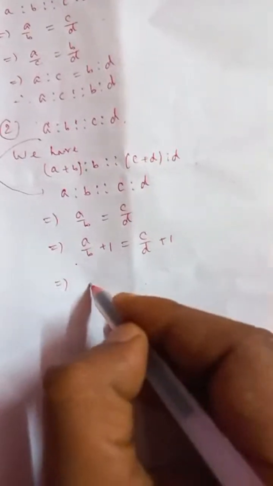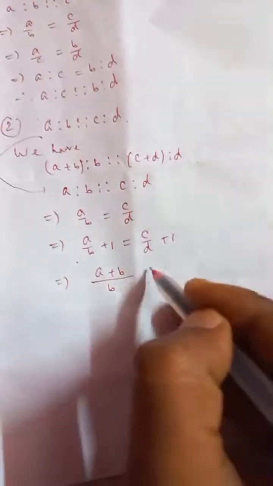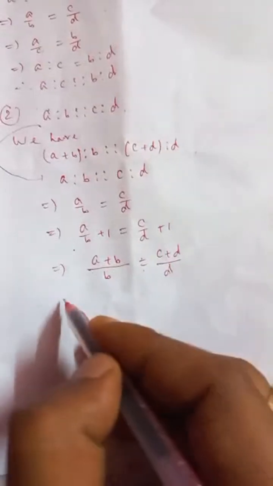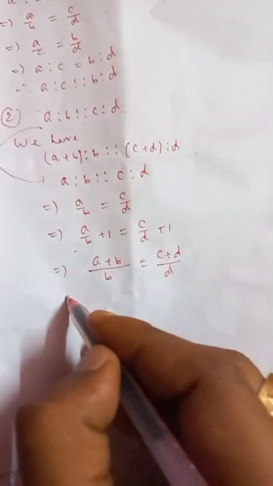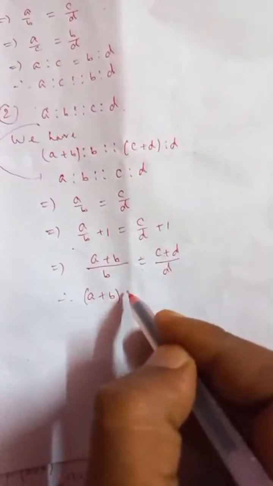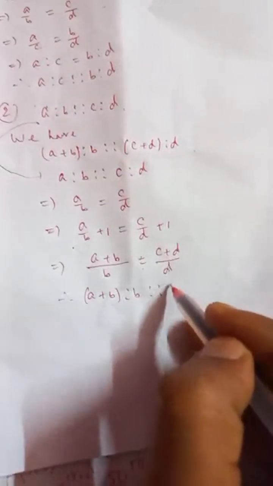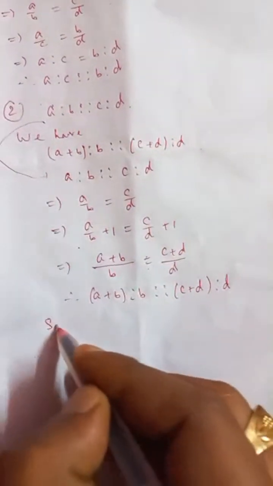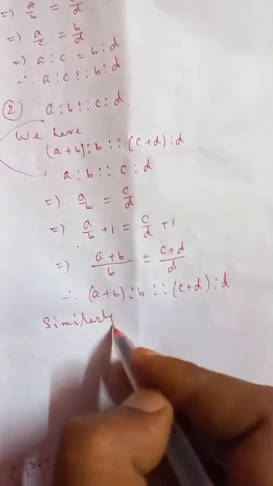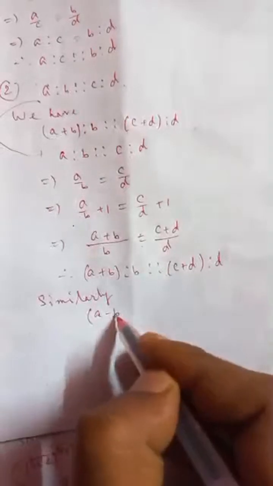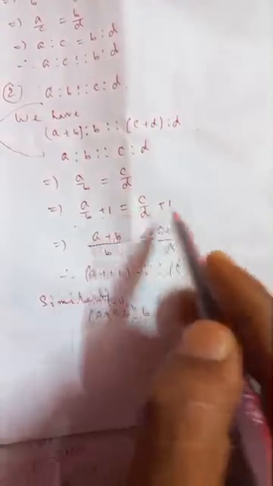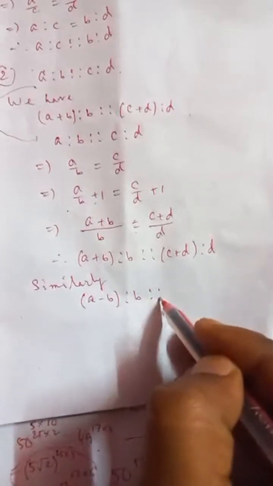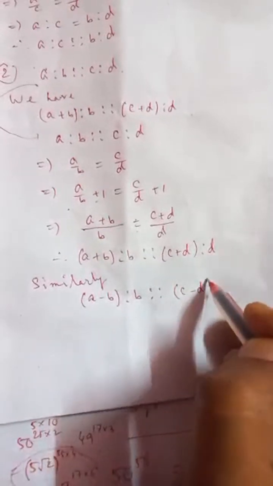So we will have A plus B by B equal to C plus D by D. In ratio form, this will be A plus B is to B, C plus D is to D. Similarly, we can also prove that A minus B is to B, just by subtracting 1 from both sides, is C minus D is to D.